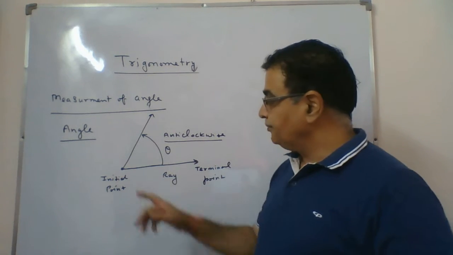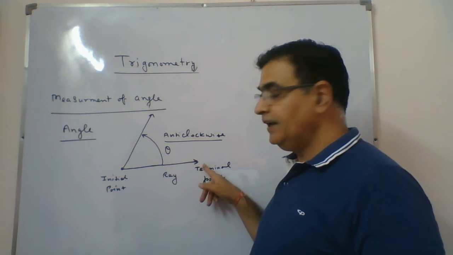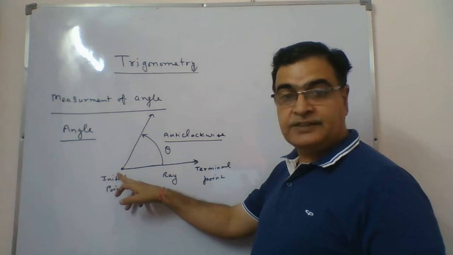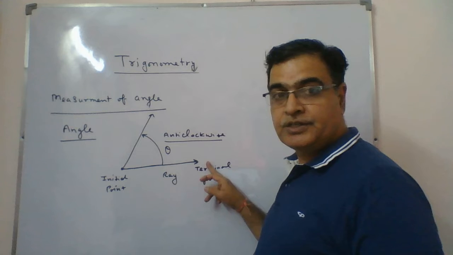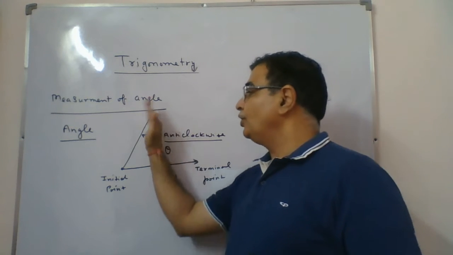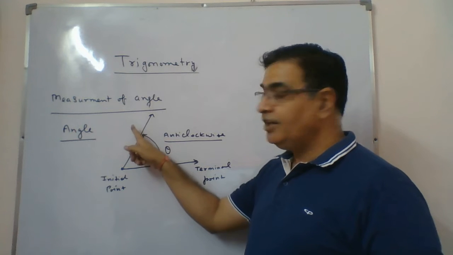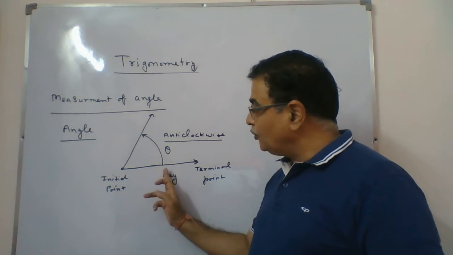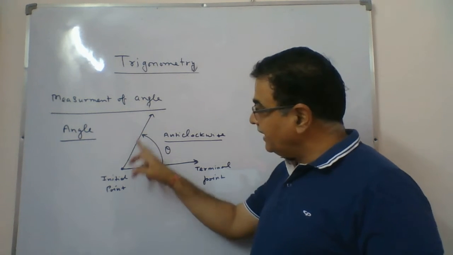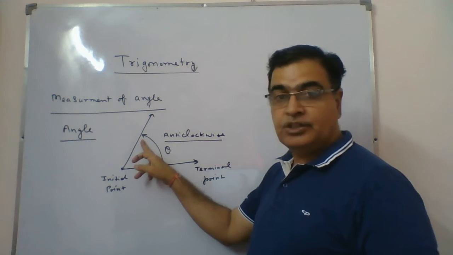I'll repeat it. This is one initial ray. This is its initial point, and this is the terminal point. This ray is now rotated with respect to the initial point in anti-clockwise direction. When you rotate it, this will be the new position.